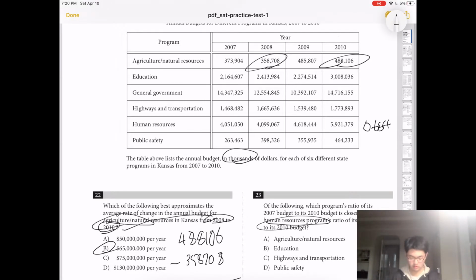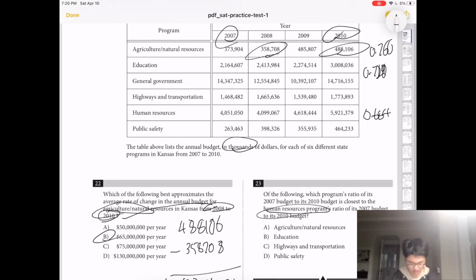And for agriculture and natural resources, you just divide this value by this value, which is 0.766, and the next one is 0.719, actually 720.